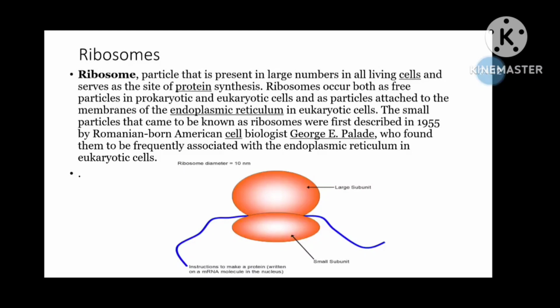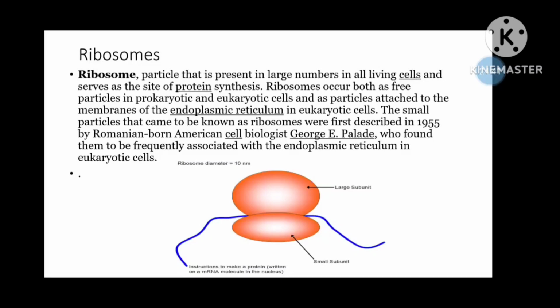It is present in a large amount in all living cells. Ribosomes occur both as free particles in prokaryotic and eukaryotic cells, and as particles attached to the endoplasmic reticulum in eukaryotic cells. Right? Means this ribosome remains attached to the endoplasmic reticulum.